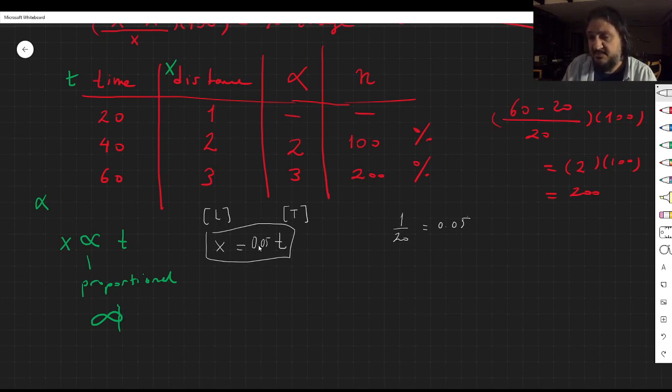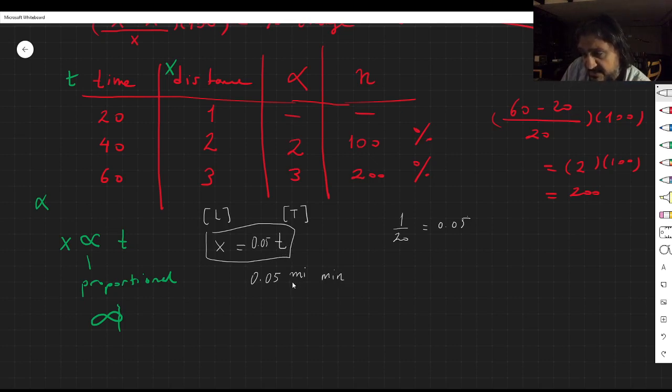Actually, it's always good practice to include units here. 0.05. Now, I need to be careful. X will be in, what was it, not meters, it was in miles. So in order to have miles on the left hand side, I need to put miles here, but I'm going to multiply this whole thing by minutes.